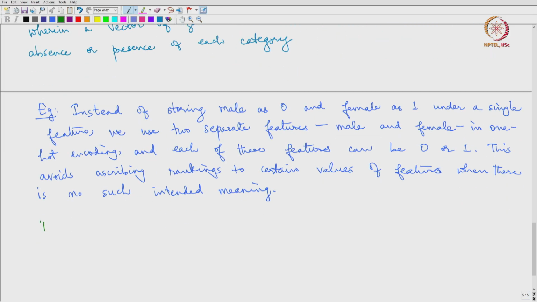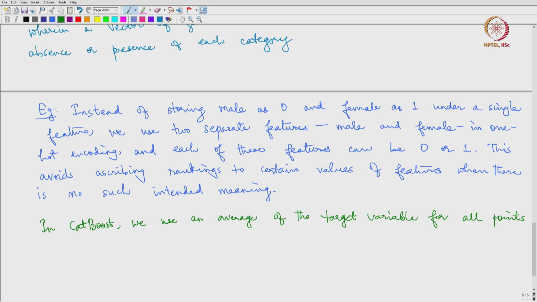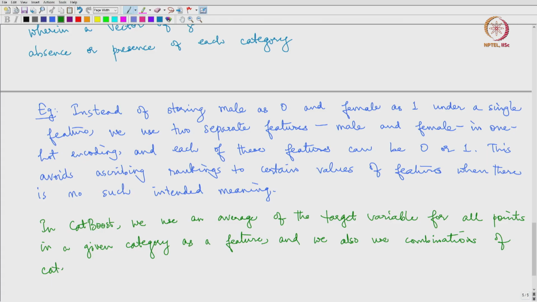So, in CatBoost we use an average of the target variable for all points in a given category as a feature, and we also use combinations of categorical variables to enhance the model's prediction, right.